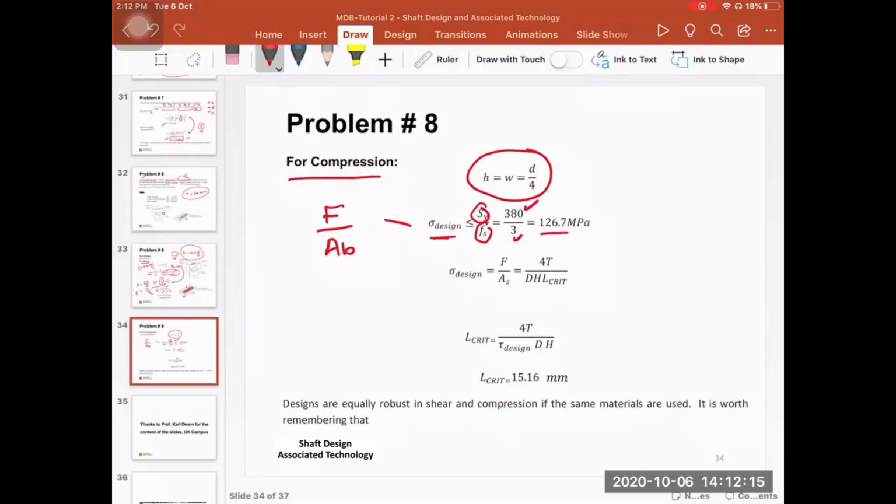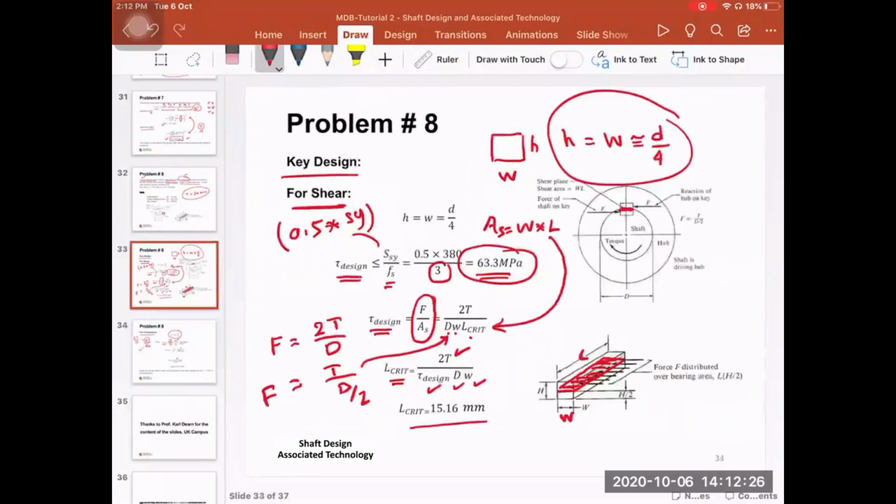The left-hand side, we have the same force. Again, it is based on 2 times T over D. And the area here of bearing, if I go back here and then remove this shear area, the bearing or the compression happens between the hub and the key in here, this area here, or between the shaft and the key at this area.